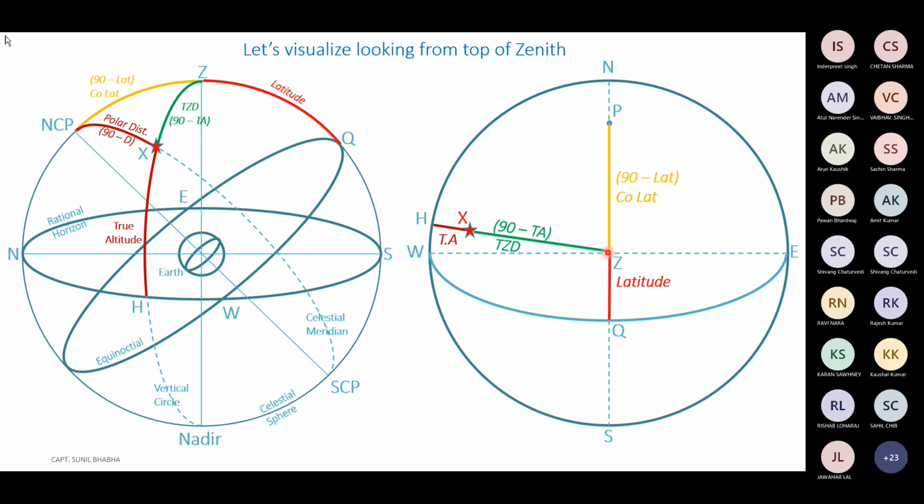That means from Z, if you go to the rational horizon in any direction, it will be a 90-degree arc. So from Z, if you move towards H, Z to H is a total of 90 degrees. H to X was the true altitude of the body. That tells us Z to X, the green highlighted arc, will be equal to 90 minus true altitude.